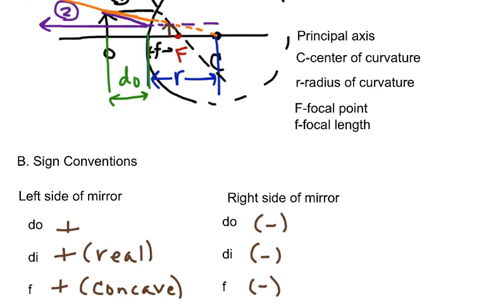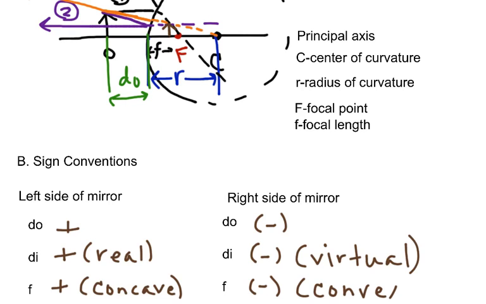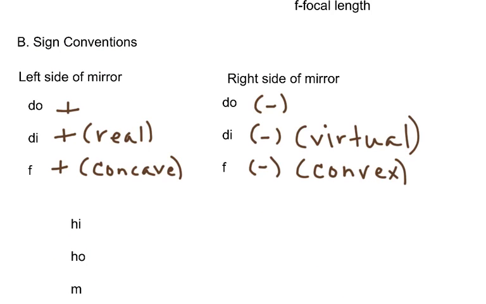If the image has a negative value, meaning the distance is on the right side, we say the image is virtual. No light is passing through that. And if the focal length is on the right side of the mirror, we say we are dealing with a convex mirror. Now, if the height of the image is positive, we say that it is upright.